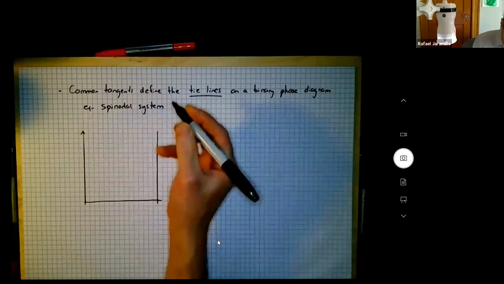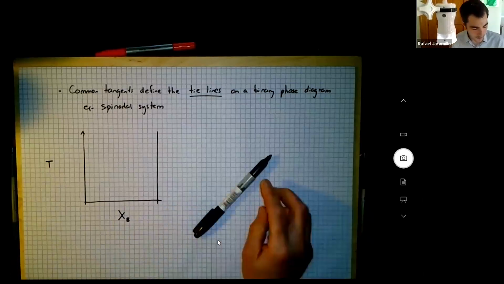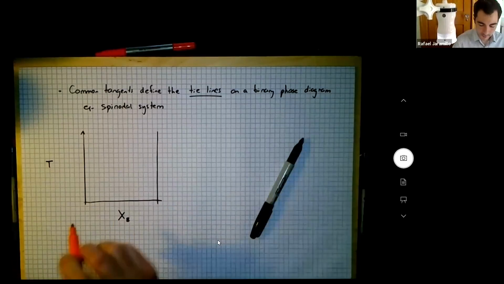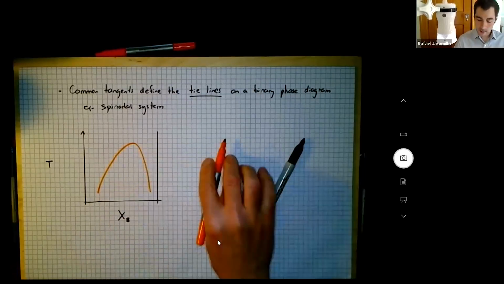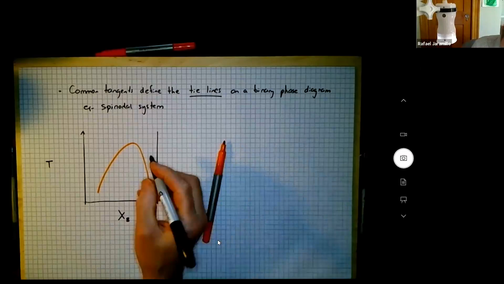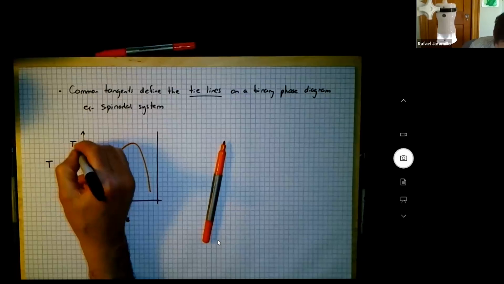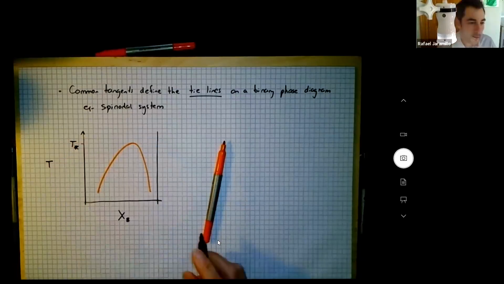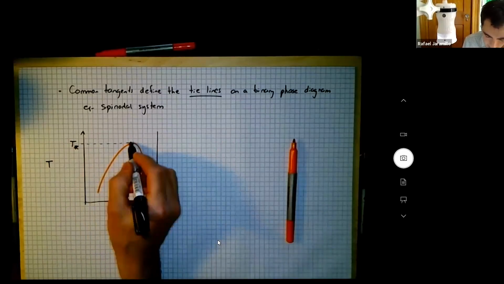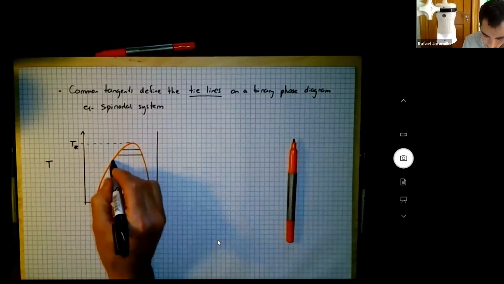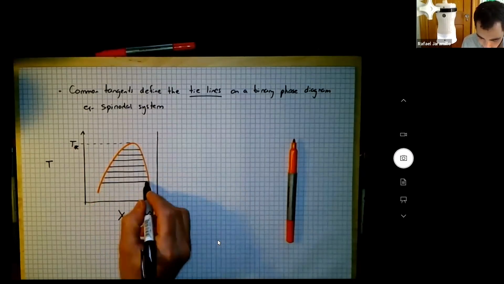We have temperature, composition, and we have a region of phase separation, right? And we have the highest temperature here, which is sometimes marked as U star, or different notations there. I'll just say T star. And we have these tie lines, right? These tie lines define the compositions that can coexist at equilibrium with each other.